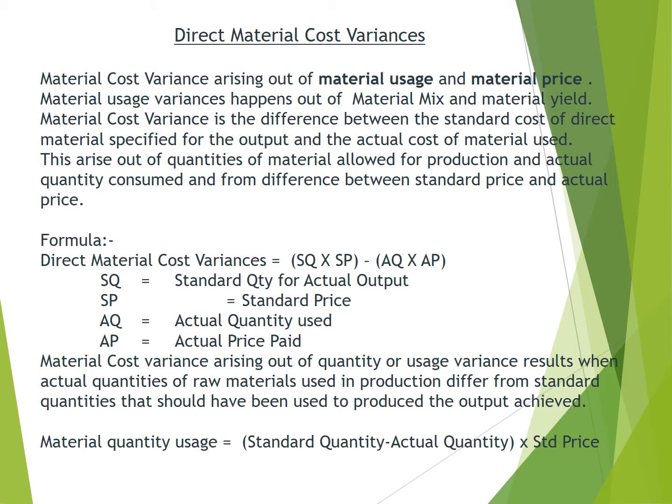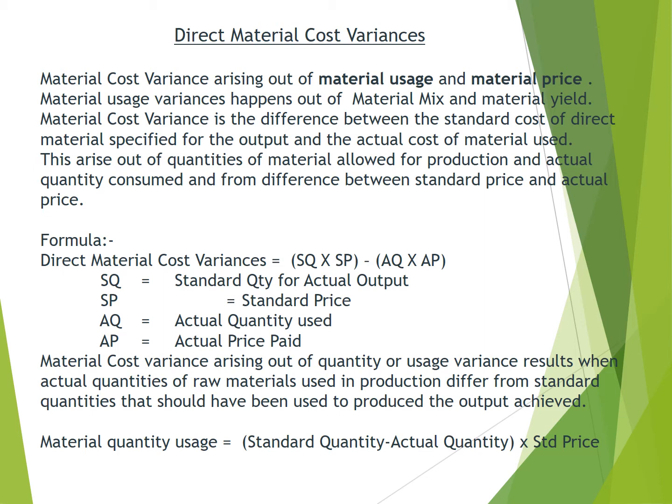Similarly, the material yield. Say the output should be 100 kg, but we may get less quantity produced. So it depends on the yield. Out of 50 kg of a product used, if we are supposed to get 45 kg, and we are getting less than or more than that, a variance happens there.